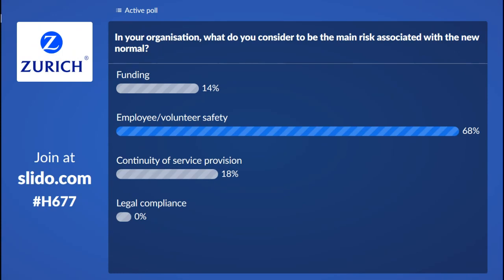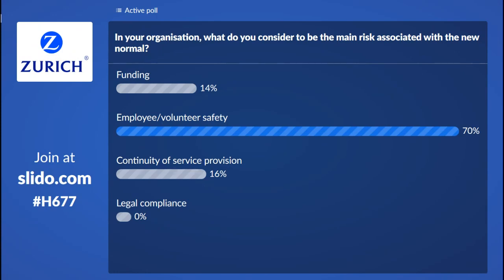That's not changed. So the winner, if you like, with this poll, employee/volunteer safety, comes in at 70%, continuity of service provision comes in second at 16%, and funding comes in at 14%.